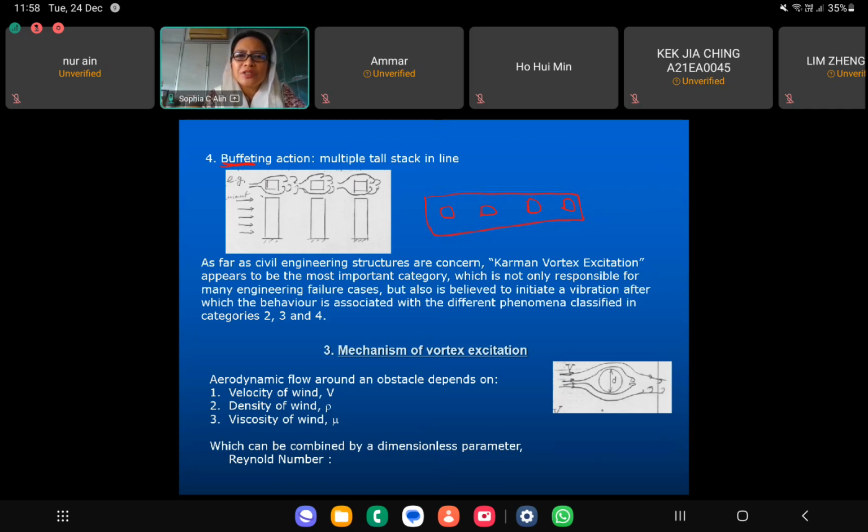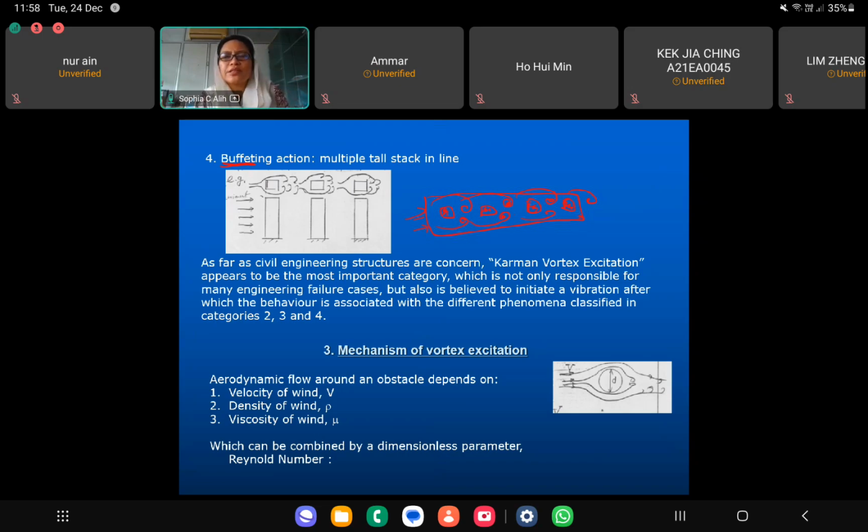The buffeting action is that when I have the wind coming from here, this wind is going to cause a suction at the back of my structure, and from here it adds to another suction over here and another here, and eventually to the end of my building. So this kind of suction or vibration normally is accumulated from one structure after another.